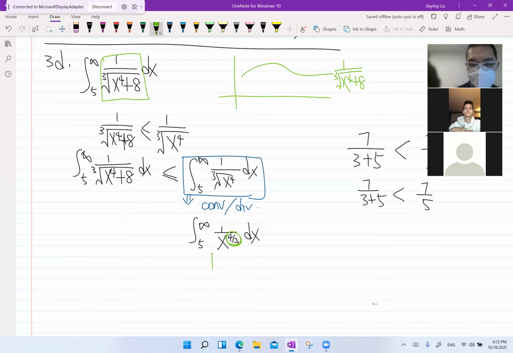So in this example, p equals 4 over 3, which is more than 1. If the exponent p is more than 1, then we know the integral will be convergent. So here we found out that this integral is convergent.